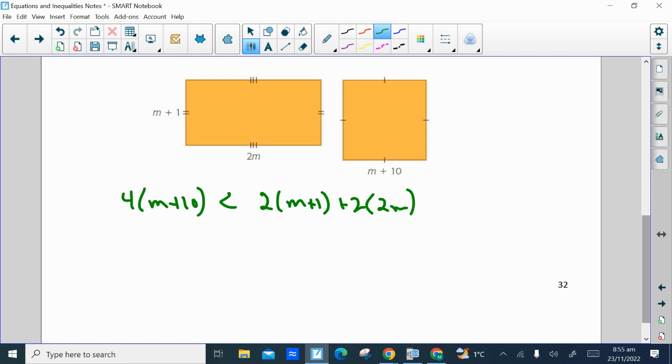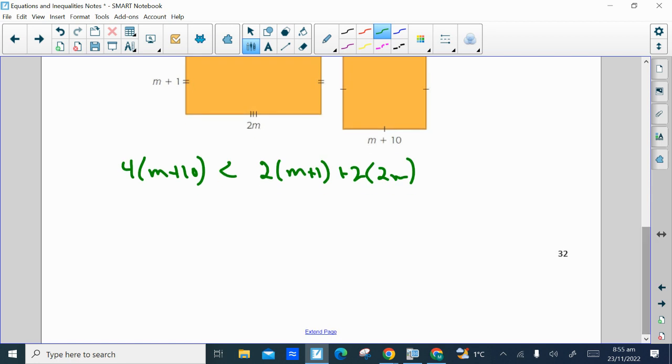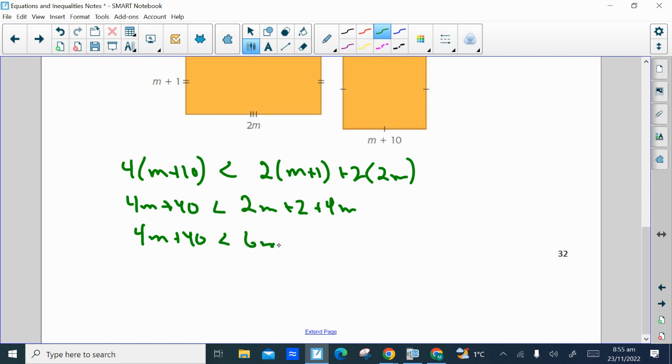Now you could add m plus 1 and 2m, another m plus 1 and another 2m, but that's the same thing as multiplying each side by 2. So we need to simplify this equation before we can solve it by multiplying out the brackets. So 4m plus 40 has to be less than 2m plus 2 plus 4m. 2m and 4m is 6m plus 2.